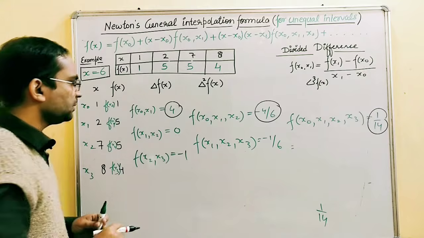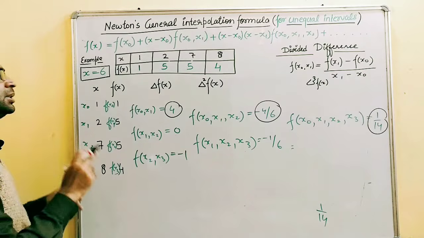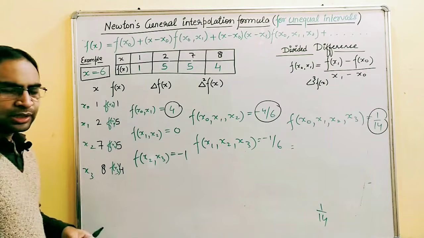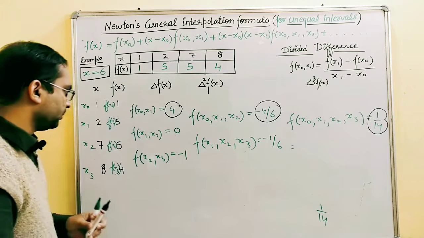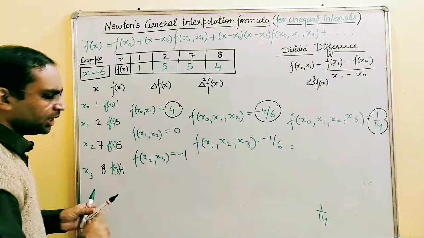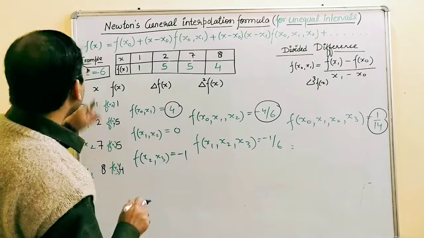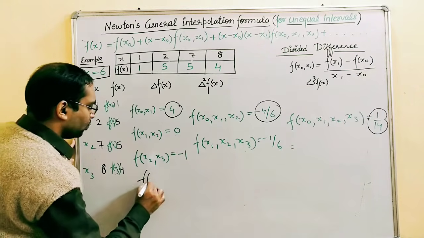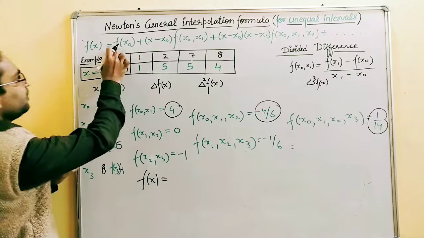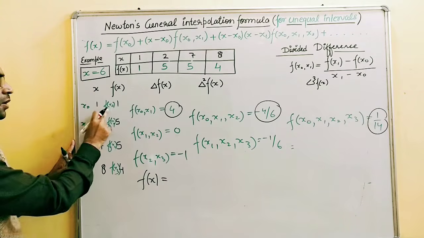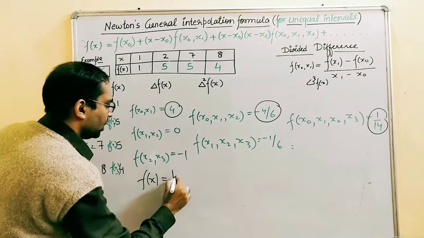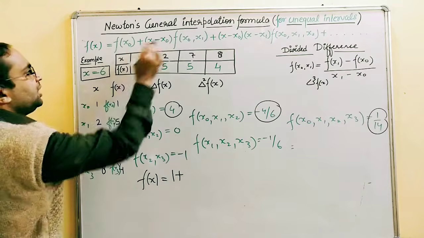So now let me use this formula and substitute all the values and then calculate the result for us. Let me write the formula here downwards. So now this f of x will be f of x0. What is f of x0? This is 1. So we'll write 1 plus x minus x0.